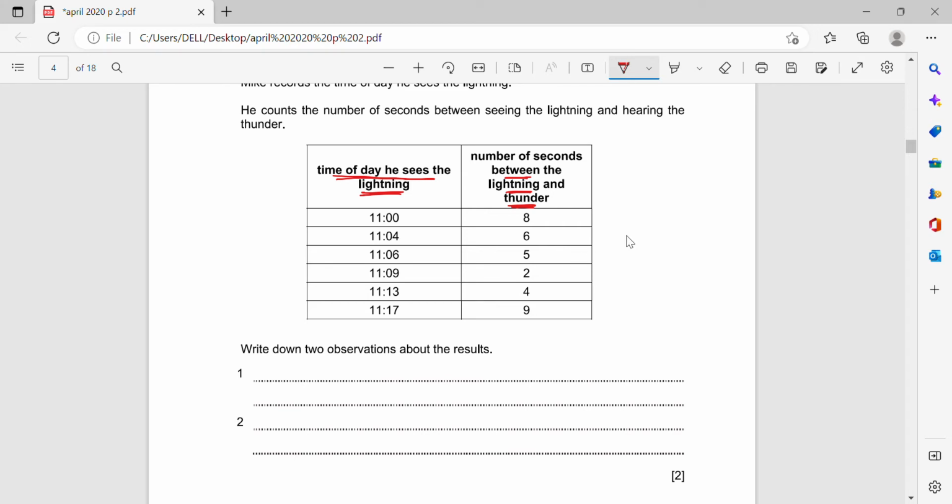So what's the first observation from the table? Which one comes first? The lightning comes first. So you can write: the thunder is always after the lightning.